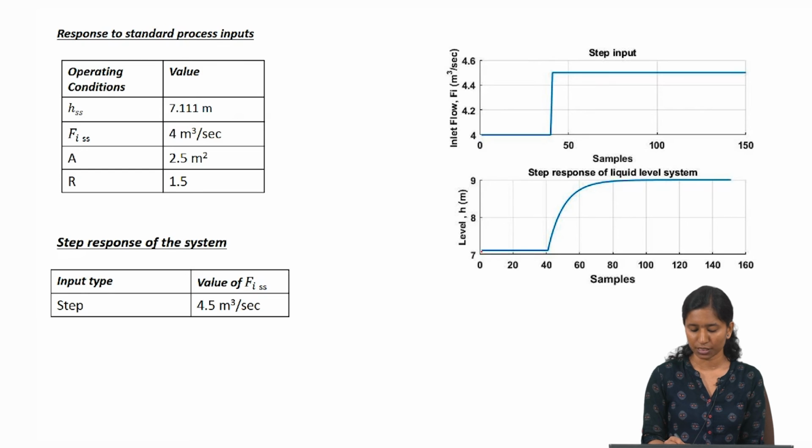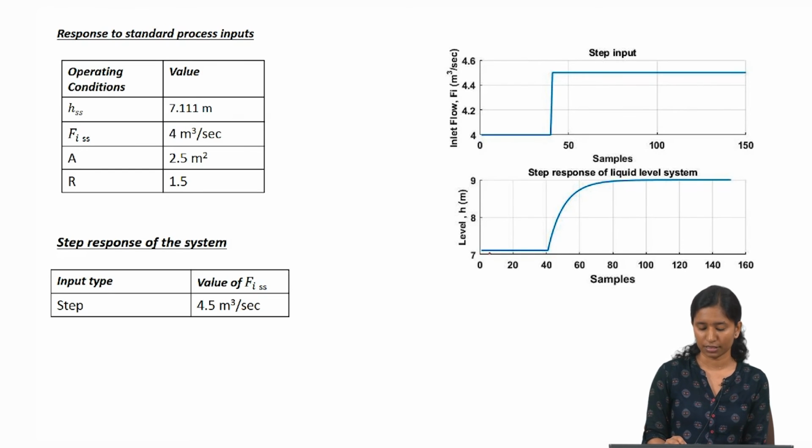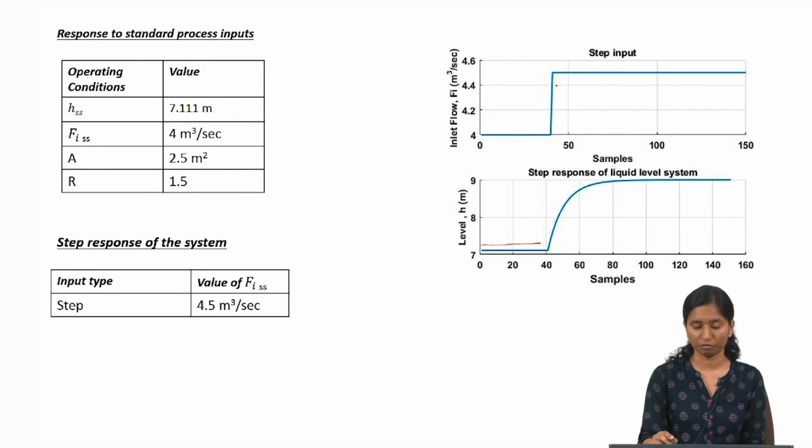and accordingly the steady state level, which was at 7.11, the level of the liquid in the tank at steady state was 7.11, which is denoted by this particular line here. Since I stepped up my inflow rate to 4.5, the liquid level within the tank started increasing slowly and it reached a new steady state value, which is given at 9.